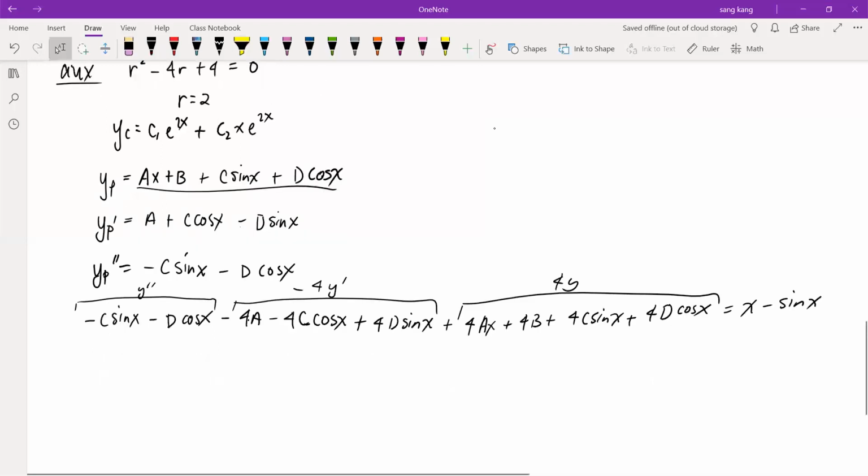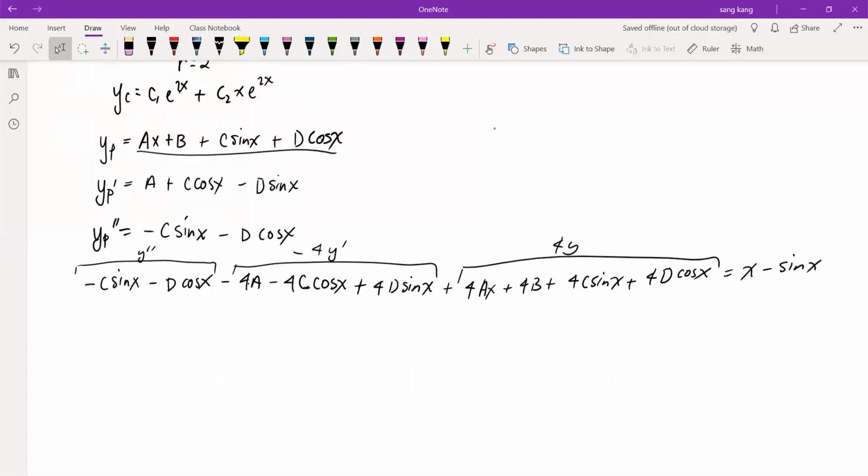Okay, so let's group some terms here. I'll group all these sine terms on the left-hand side, so it's a little bit cleaner. So we'll have 4d plus 3c times sine x. I just grouped these three terms. Now I'll group all the cosine terms. So we'll have 3d minus 4c cosine x.